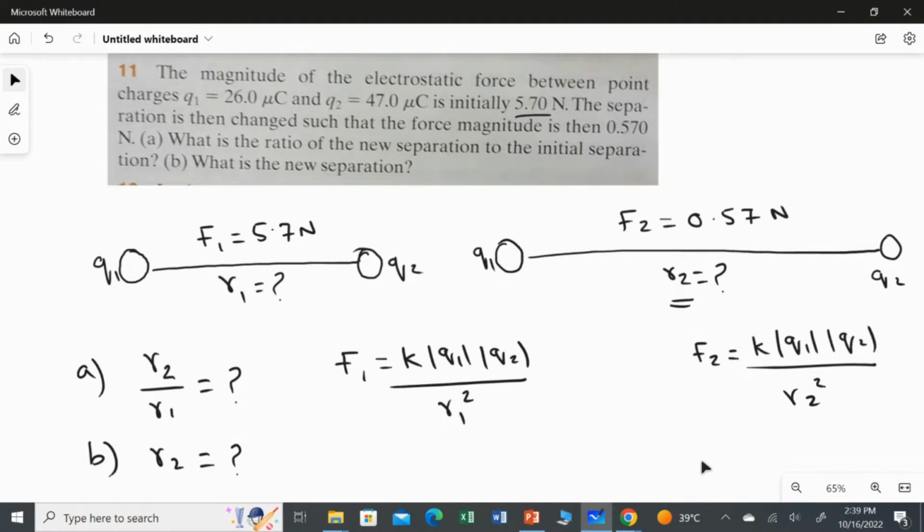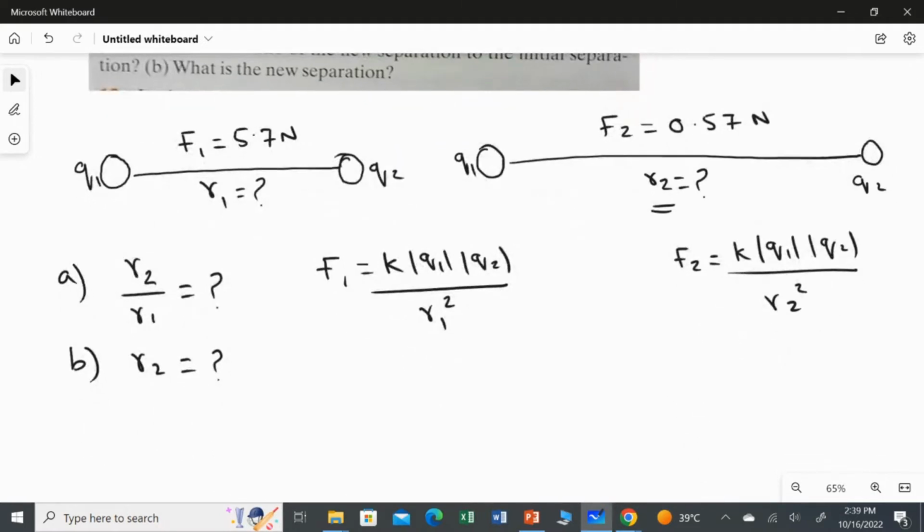Now I'm going to substitute the values here. The F1 value is given in the first part as 5.7 Newton, and the K value is a constant, 8.99 multiplied by 10 to the power of 9.